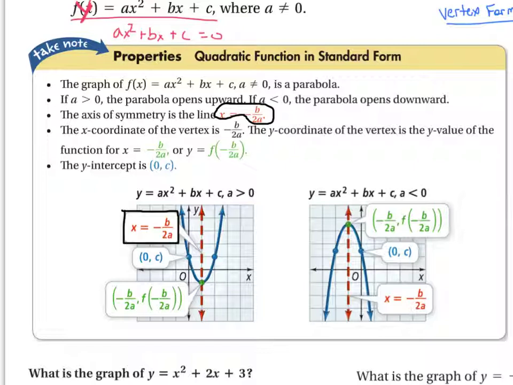Which coordinate of the vertex gives us the axis of symmetry? Yes. The x. The axis. It sounds like an x. The axis of symmetry is the x value. So therefore, that equation, x equals negative b over 2a, is the x coordinate of your vertex.